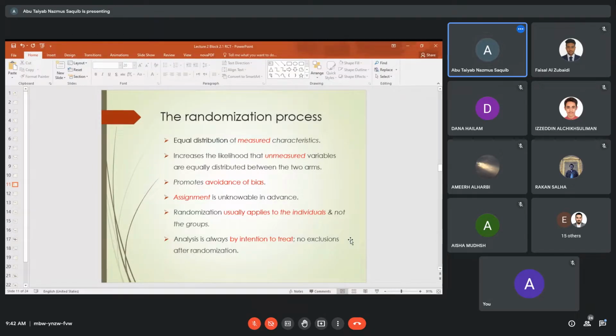But this randomization process should not depend on the patient. The patient comes and says, I want to be in the intervention group, no. And it should not depend on the investigator. The investigator knows this patient, it's his relative, and says, okay, I'll put you into the intervention group.